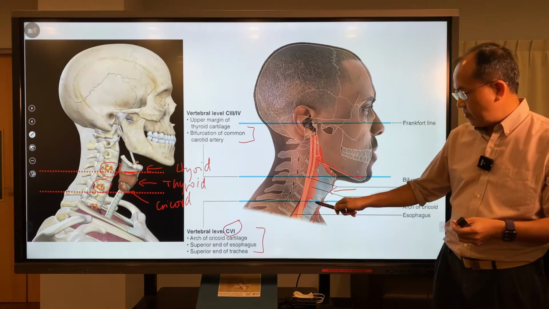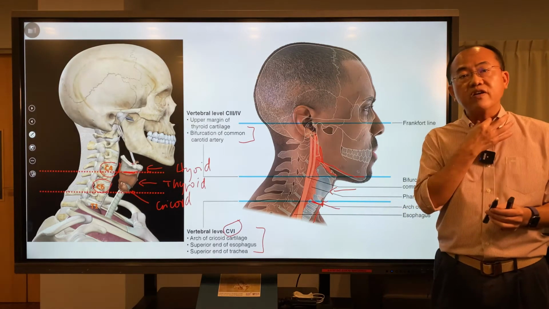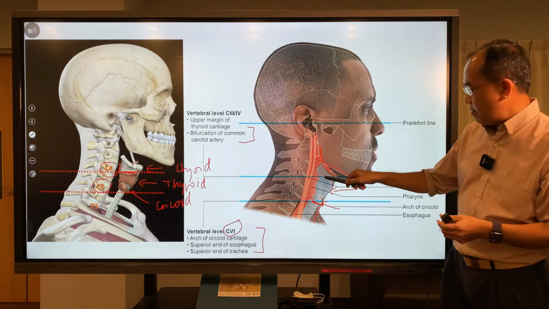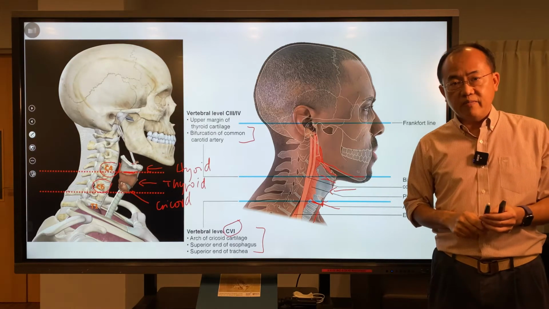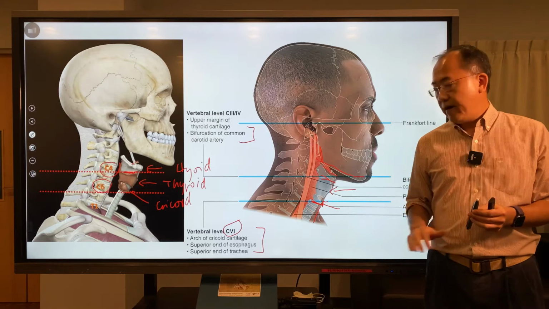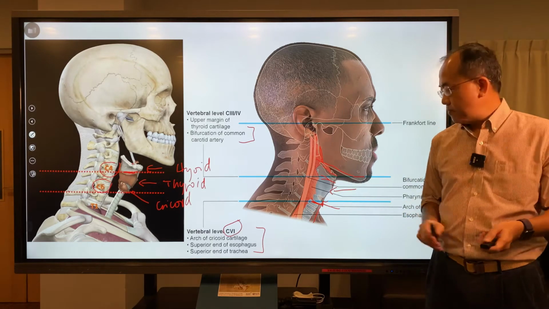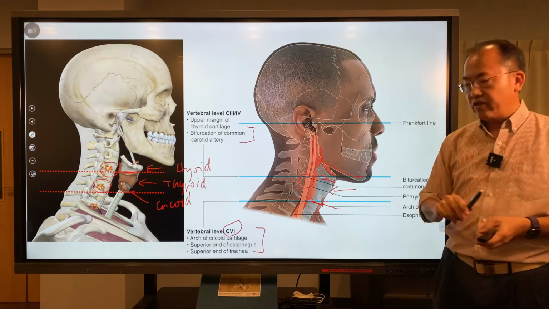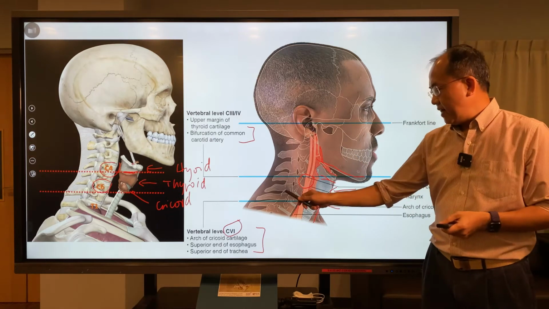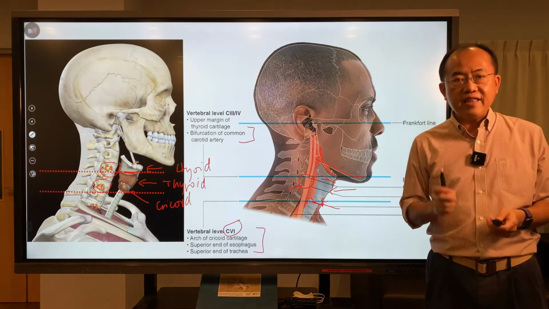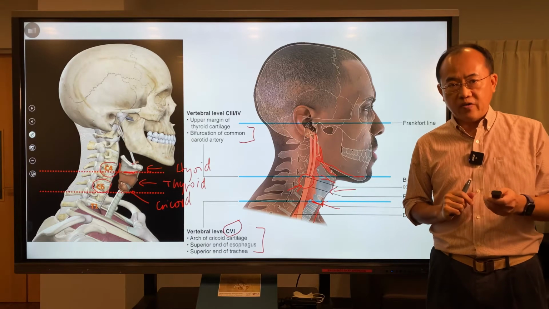Take note of the correspondence between the lower border of the cricoid, which is C6, and the upper border of the thyroid, which is C4, because important things happen at these two levels: the bifurcation of the common carotid into internal and external, and that is where we find the receptors. All right, good.